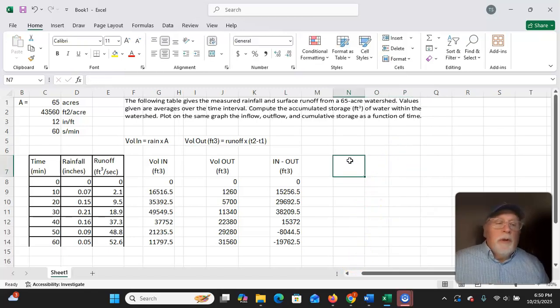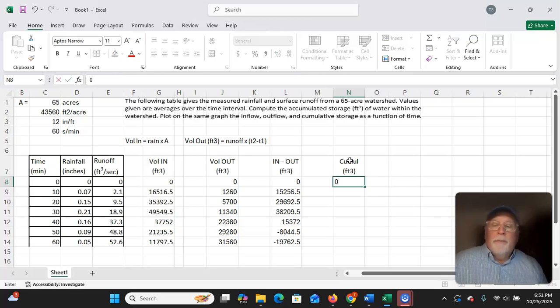So what we really want is the cumulative cubic feet in the watershed. So the first one, we're going to start at 0, and then we're going to build up. So after the first time step, I have 0, what we had at the 0 time step, plus we're getting 15,000 more in than out.